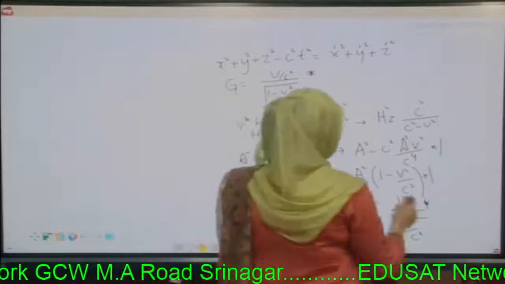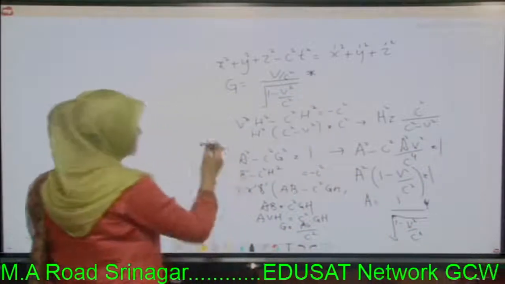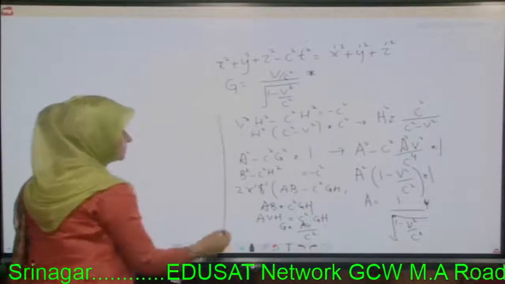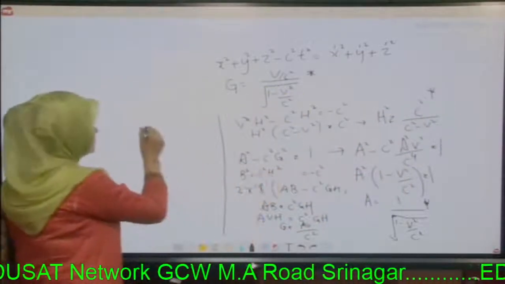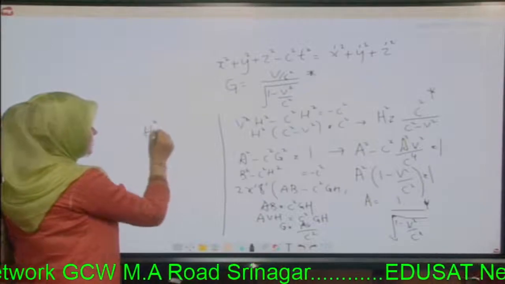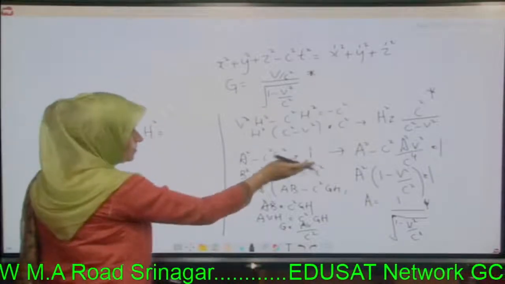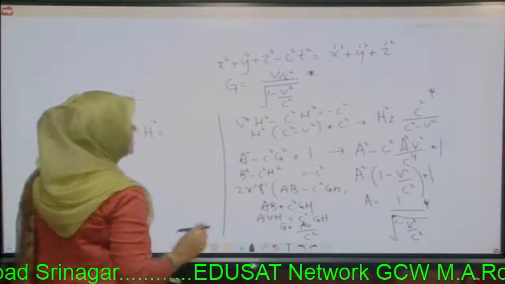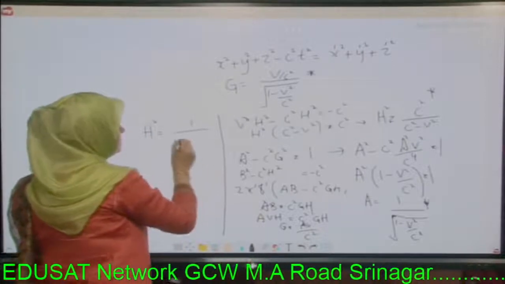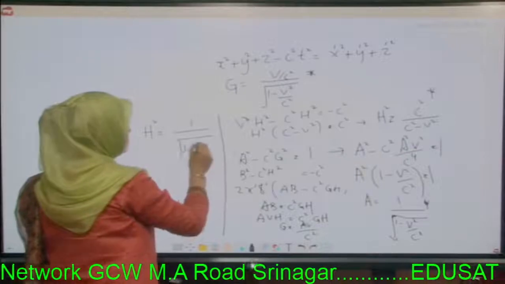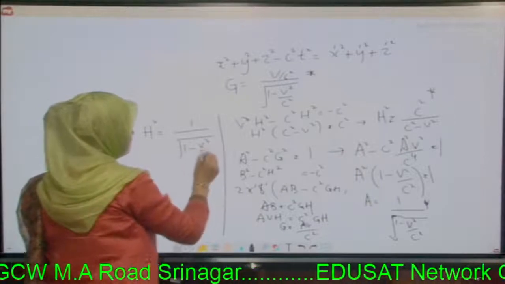So from here, I am proceeding to this. So h square, if we divide both sides, numerator and denominator, by v square, what do we get? We get it is 1 by 1 minus v square by c square.